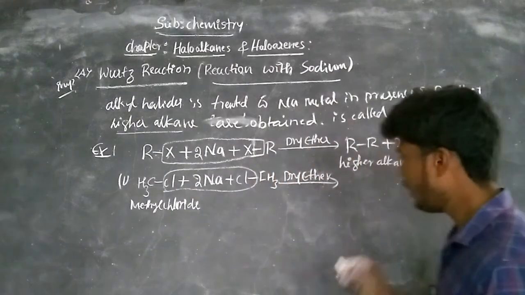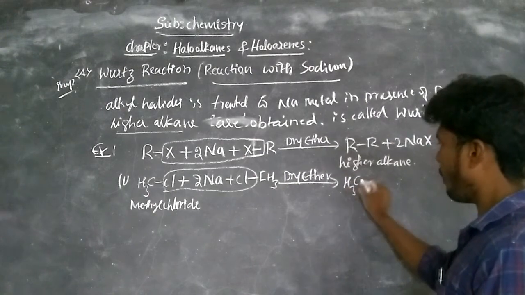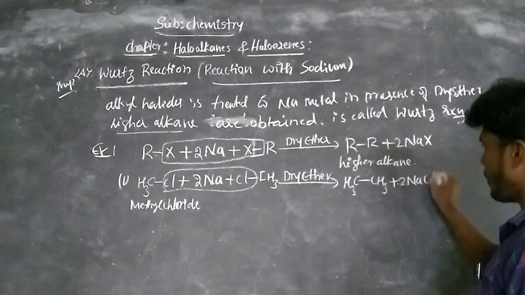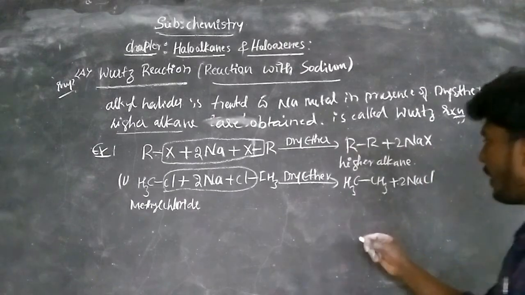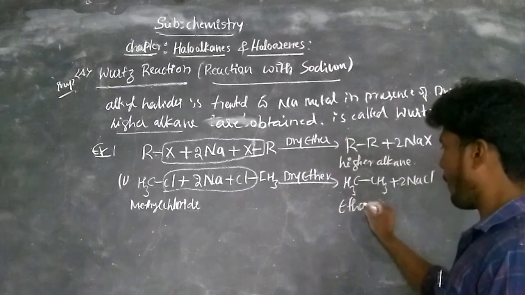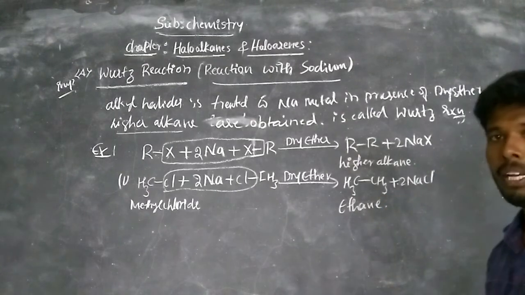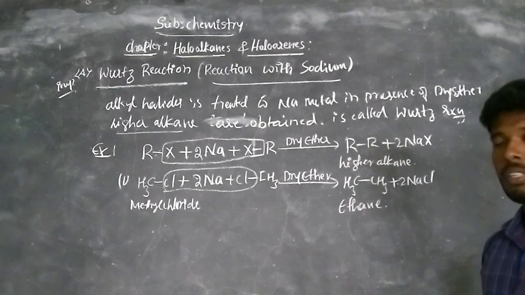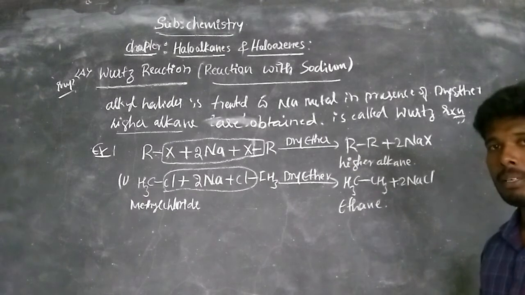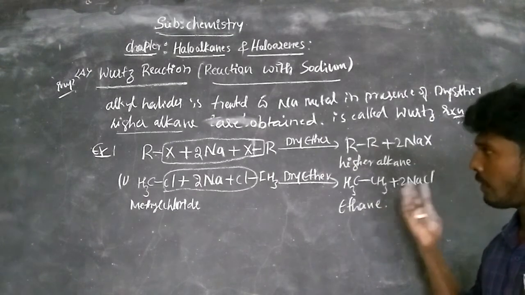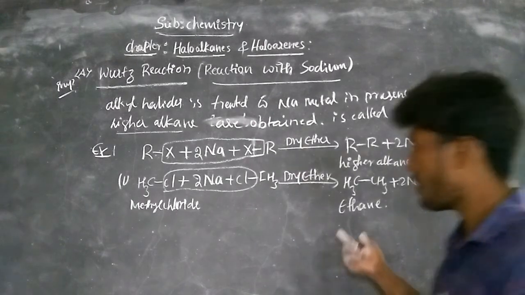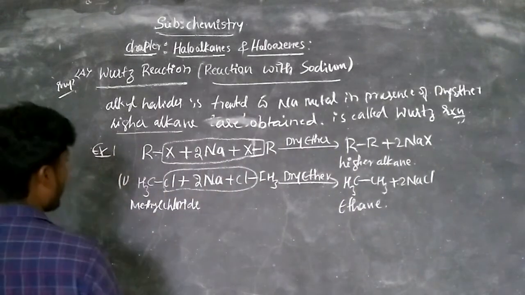So what you get, CH3 bond CH3 plus 2NaCl. So what you get here, ethane. When you get methane in a chemical reaction, we call that lower alkanes. If you get other than methane, we call higher alkanes. Okay. So this is the chemical reaction of Wurtz reaction.